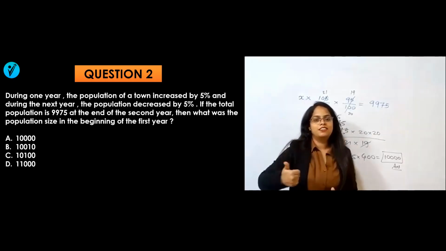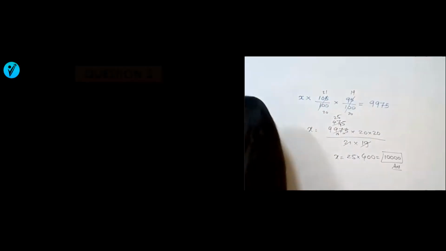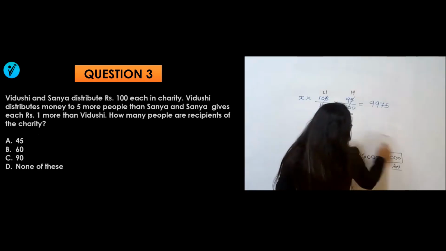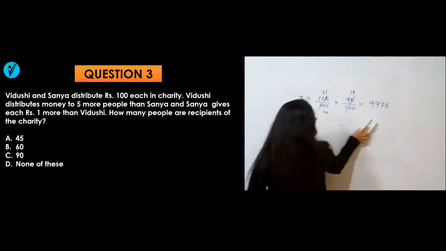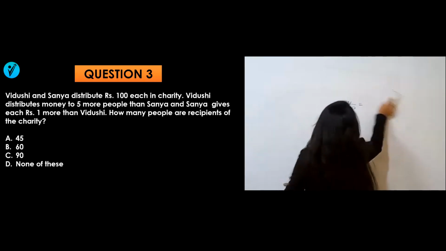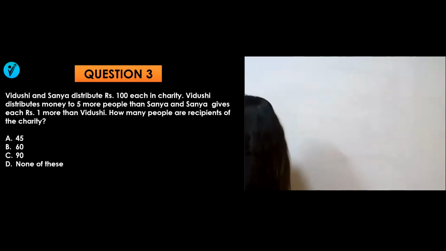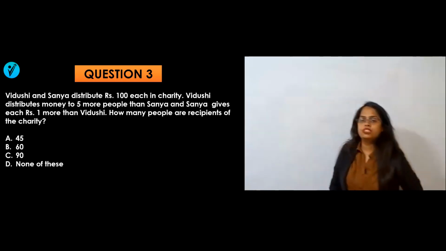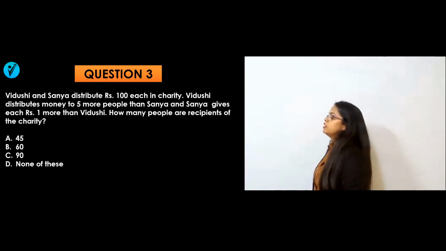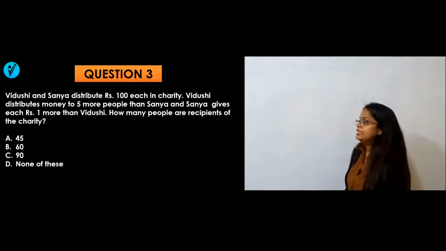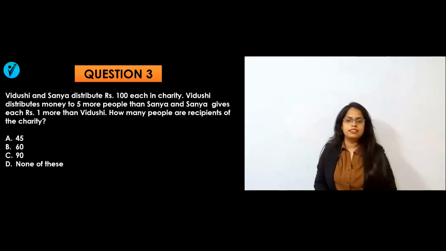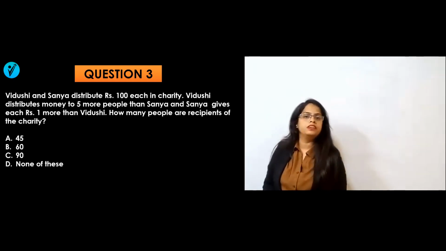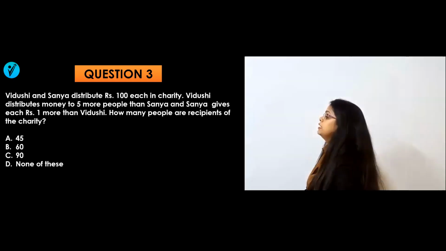Easier. Now let's jump towards the next one. Question number 3 here is a logical question. Yes, it's calculative, but we need some logic also. Vidushi and Sanya distribute ₹100 each in charity. Two friends are there and each of them distributes 100 rupees to charity.